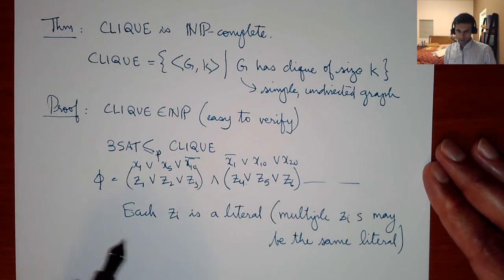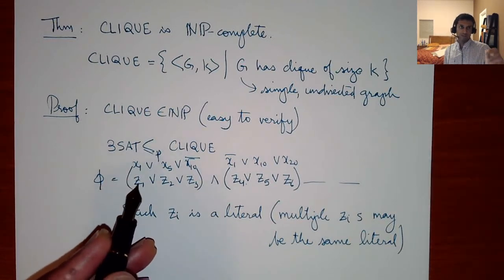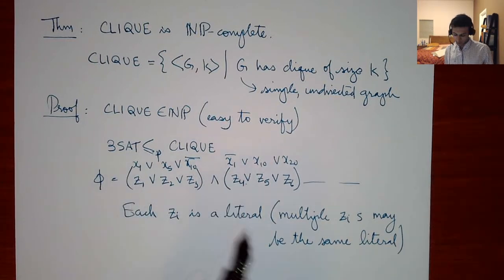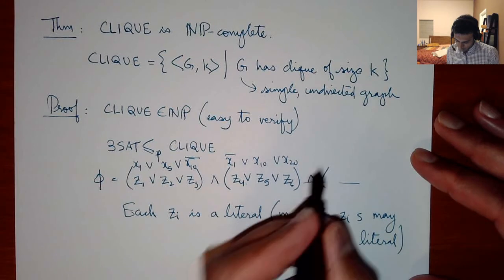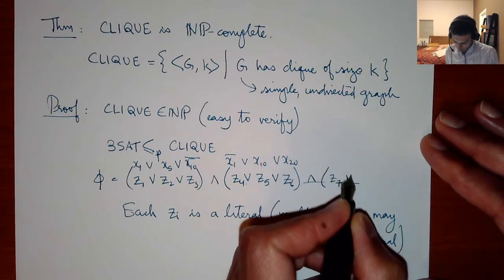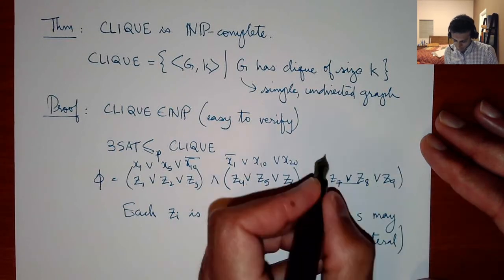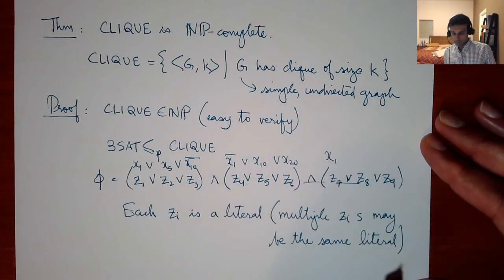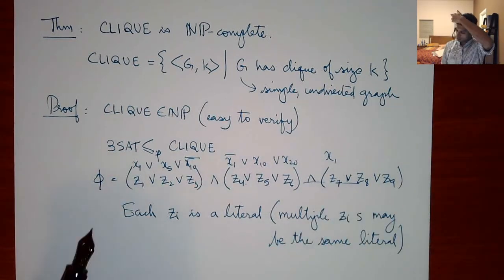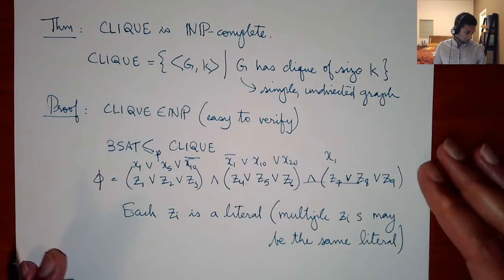Note that z1 corresponds to x1, z4 corresponds to the negation of x1. Further down, it could be z7 or z8 or z9, and this could be x1 yet again, but I'm just going to call it z7. So I'm just going to convert this to this representation with this labeling.